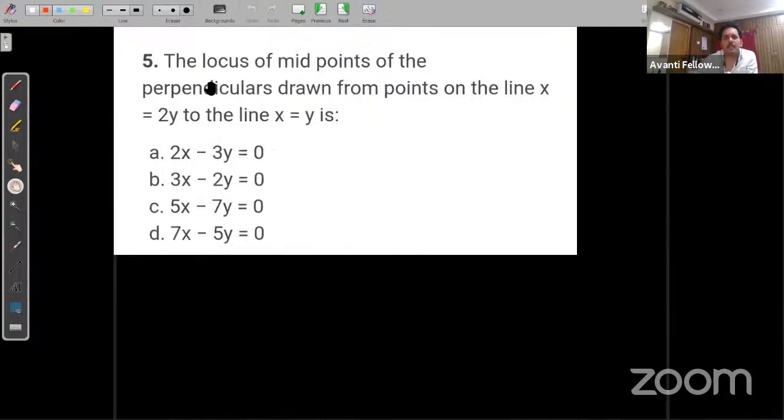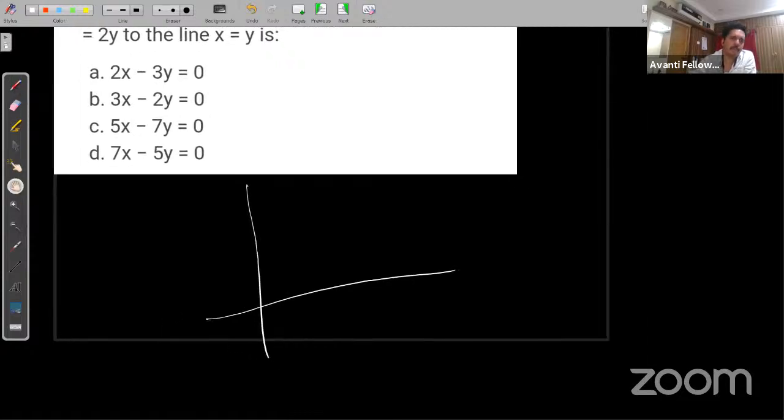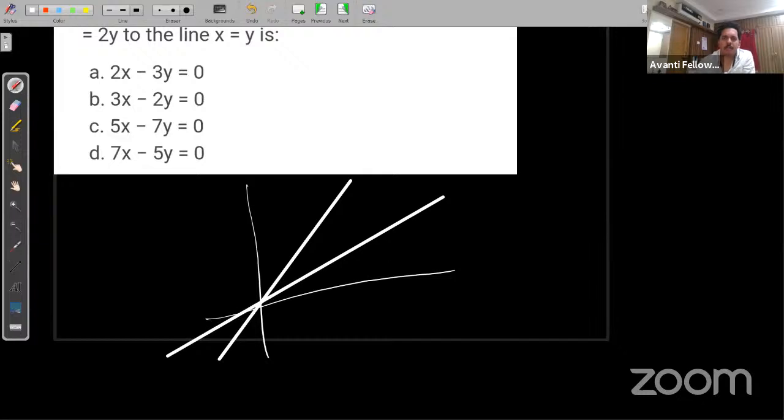Now, locus of midpoints of the perpendicular drawn from the line to the line. This is very easy. Here, y equal to x will be like this, and the other, y equal to 2x, will be like this.